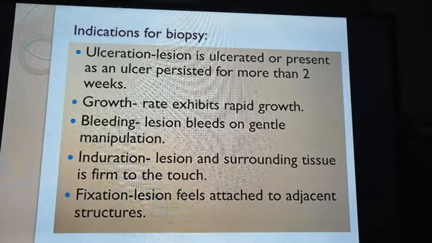Number 10, ulceration: the lesion is ulcerated or presents as an ulcer that persists for more than 2 weeks. Number 11, growth rate: the lesion exhibits rapid growth. Number 12, bleeding: the lesion bleeds on gentle manipulation. Number 13, duration: the lesion and surrounding tissue is firm to the touch. Number 14, fixation: the lesion feels attached to adjacent structures.